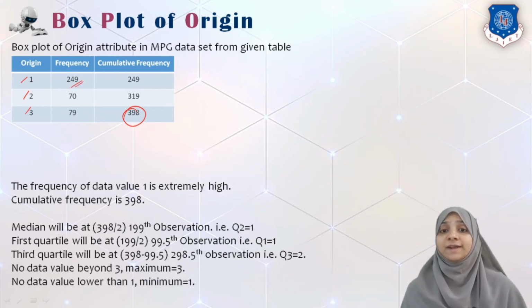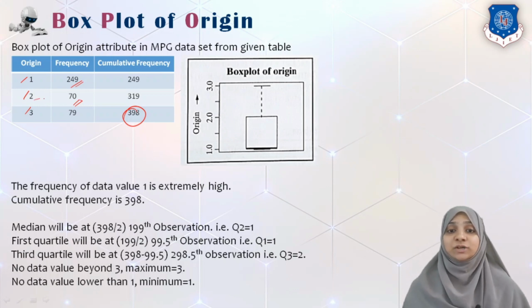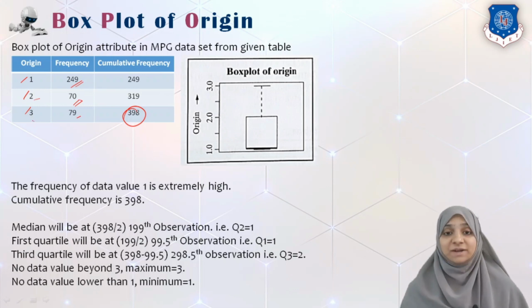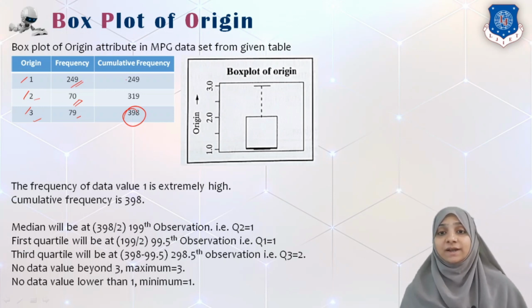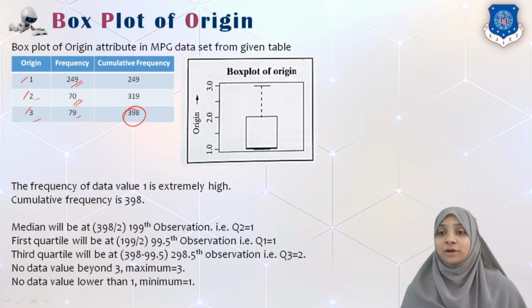There are 249 cars. A total of 70 cars are manufactured at origin 2 and 79 cars at origin 3. Now, if I order this data and find the cumulative frequency, that means first copy this value, add these two and produce this, add these two and produce this. So this is my given table and I need to make a box plot.